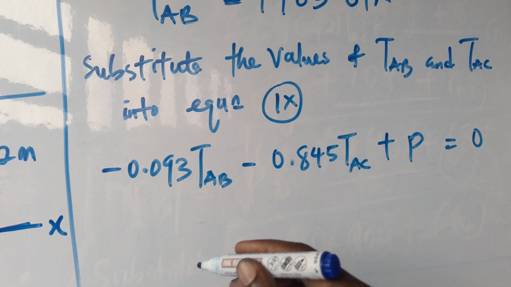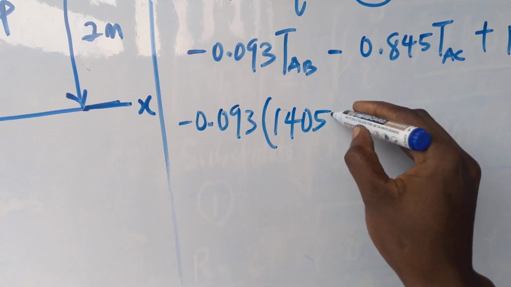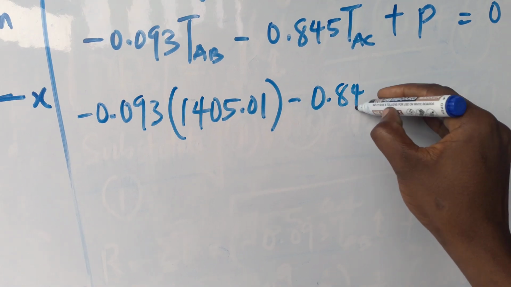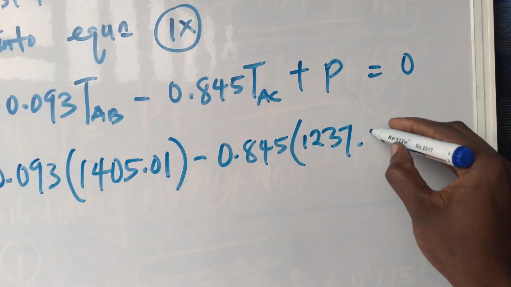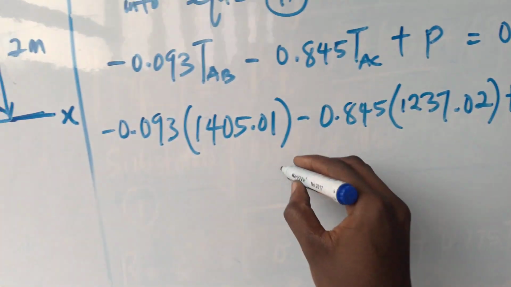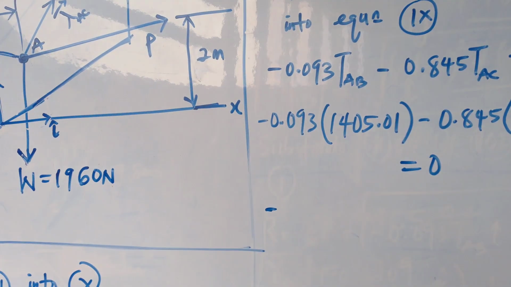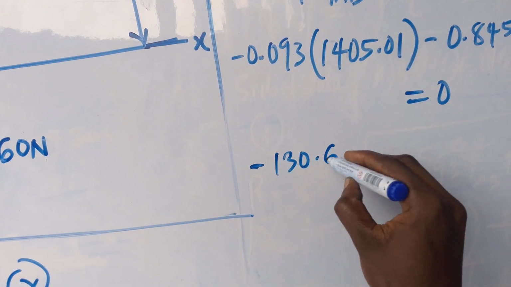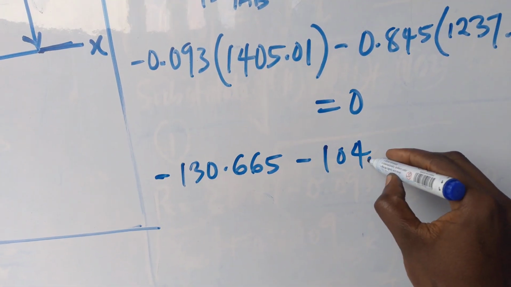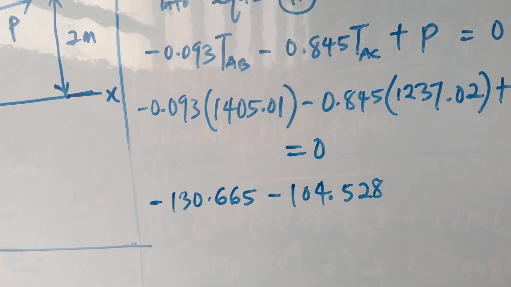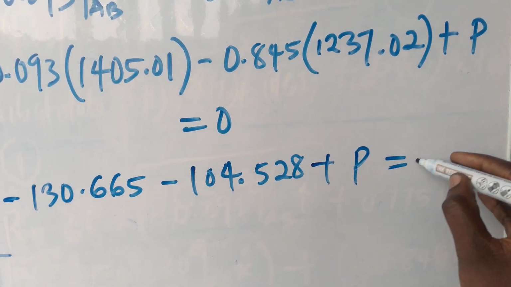Okay, so I'll put the values there: minus 0.093 times TAB, which is 1405.01, minus 0.845 times TAC, we had TAC as 1237.02, plus P is equal to 0. So if I multiply them now, using your scientific calculator, you have minus 130.665, and the other one gives me minus 104.528. Okay, plus force P is equal to 0.